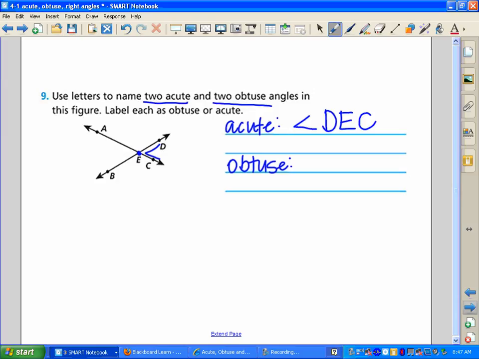I'm going to give you a hint. Usually acute angles in intersecting lines are across from each other. Obtuse angles will be across from each other too.